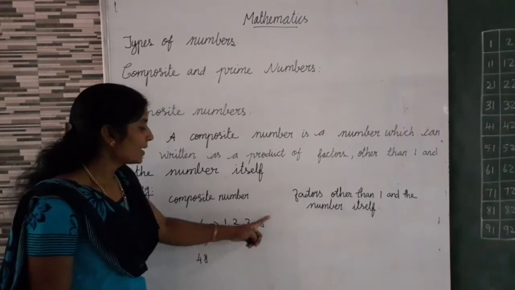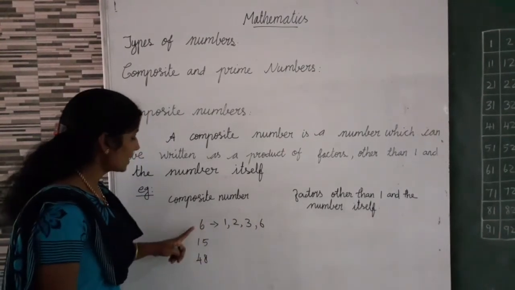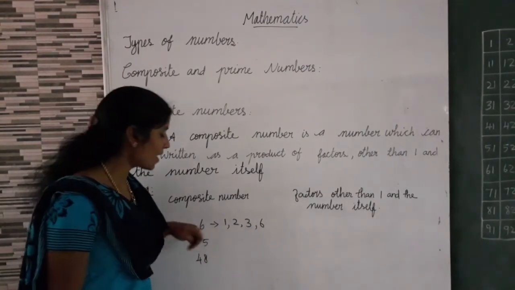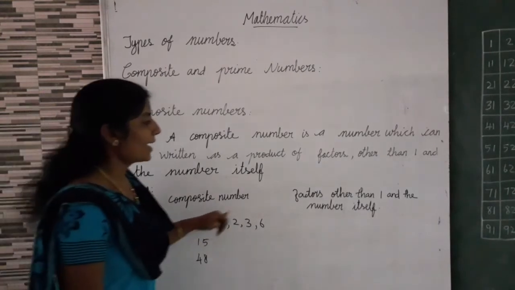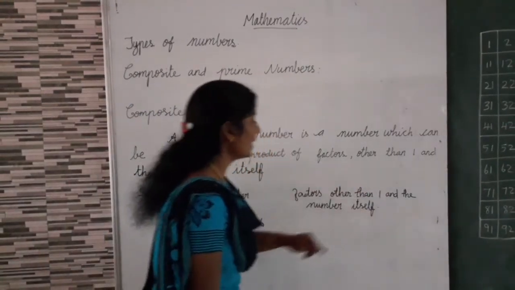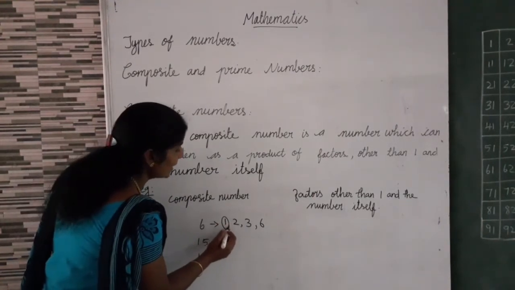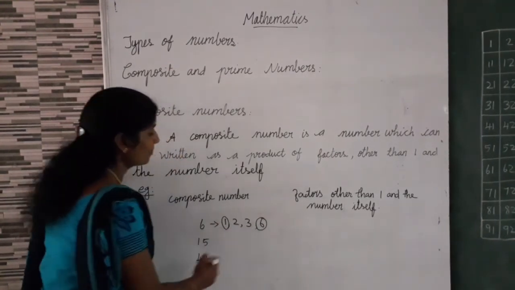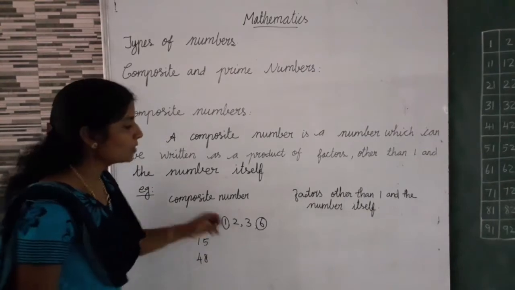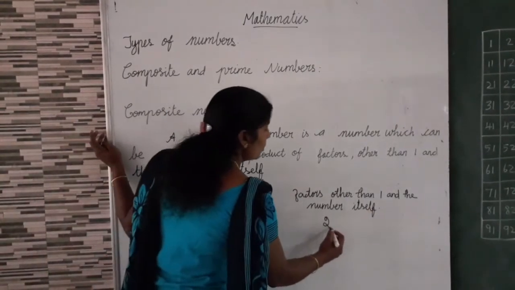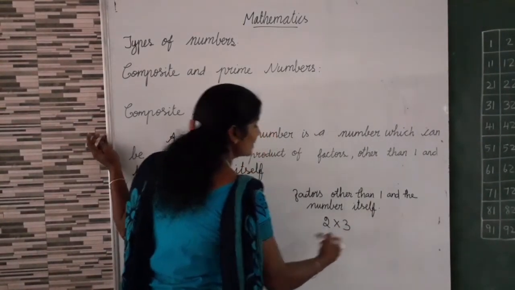These are the factors of 6. Now, we can write factors other than 1 and the number itself. What are the factors remaining? 2 and 3. 2 into 3 equal to 6.